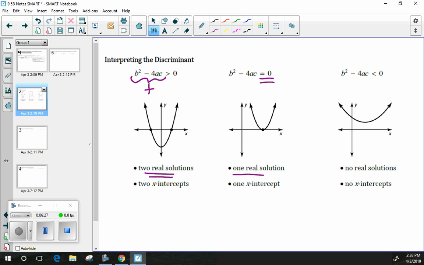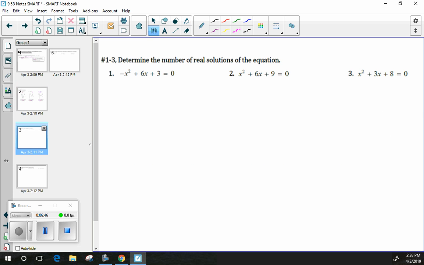Then it's going to have one real solution. And if it is a negative value, then there are no real solutions that will make that true. Okay? So you don't have to use the entire formula. You can just use b squared minus 4ac. All right? Let's practice a few of those. And that's really this, plus just practicing the quadratic formula and practicing picking your own method. That's all we're doing today, okay?